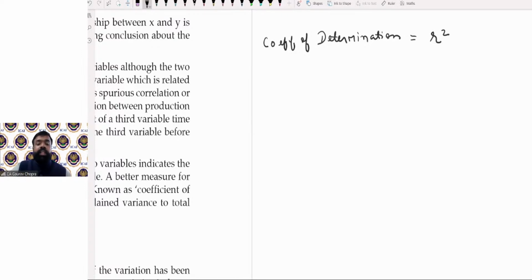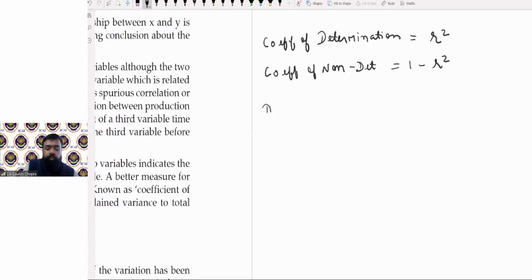Correlation coefficient के square को ही हम क्या बोलते हैं? Coefficient of determination. And second one is coefficient of non-determination. Non-determination is 1 minus r square. So these are the 2 points, determination and non-determination.